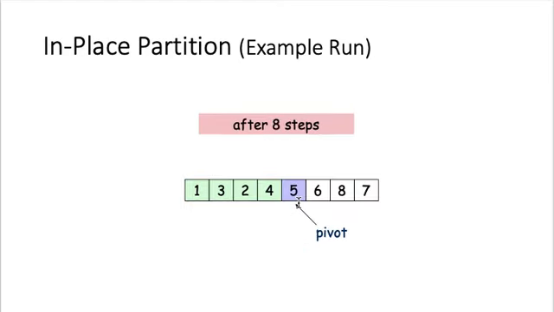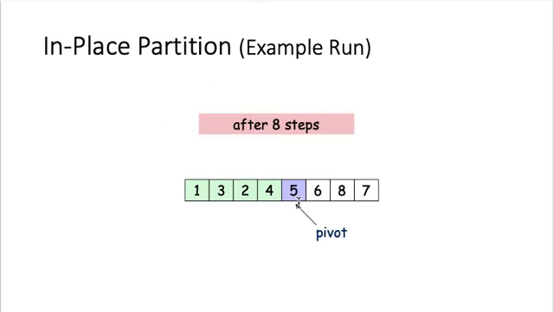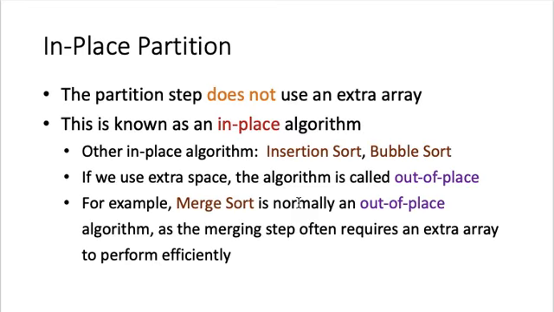In this case, we see that everything in these steps is done on the same array A, and we do not need to use an extra array B to help. This kind of algorithm that doesn't use extra memory to help is called an in-place algorithm.